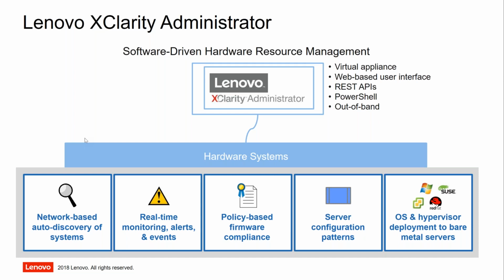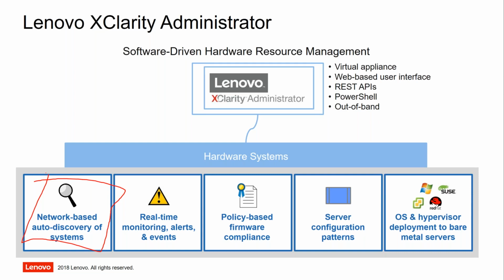Number 1, here on the left-hand side, is focusing in on being able to understand what systems I have, so the discovery and inventory of our systems, again, both servers as well as storage and network switches. Focusing in, by the way, on the Lenovo products when we come to that, right?